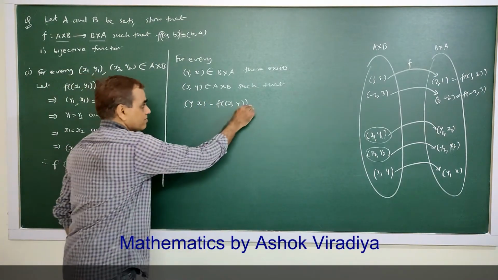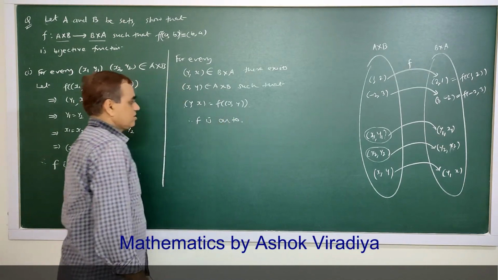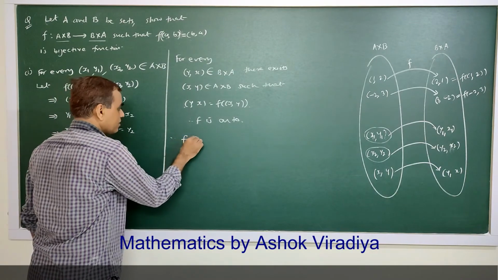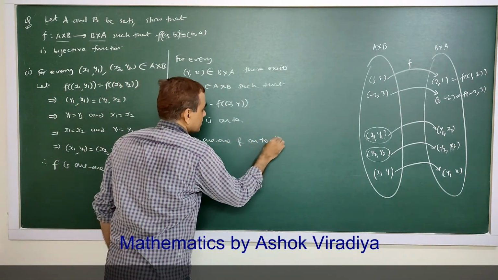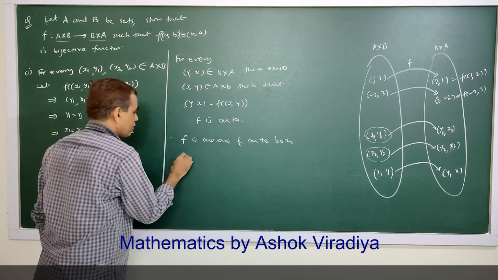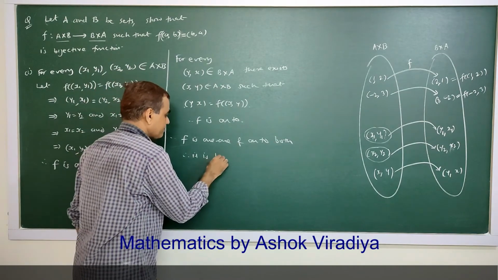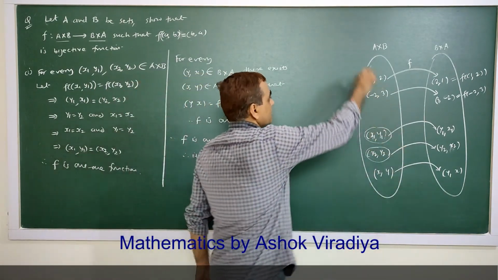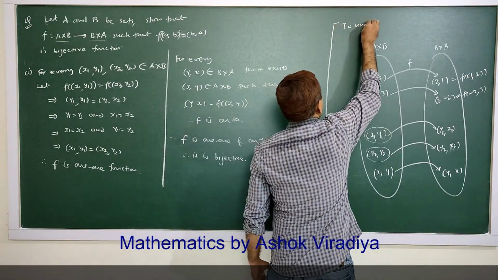So this function is an onto function. So the function is both 1-1 and onto. Therefore, it is a bijective function. This diagram is to help understand.